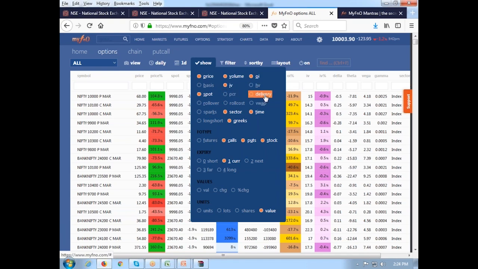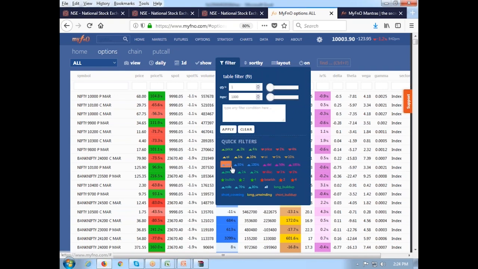Implied volatility, historical volatility, delivery, put call ratio, rollover cost, VWAP, volume weighted average price, sparks, sector, time, futures, call, option, put, short expiry, current month expiry, next month expiry, far month expiry, long expiries. Value: you want to see the change, or the percentage change, in terms of units or lots or shares or value.